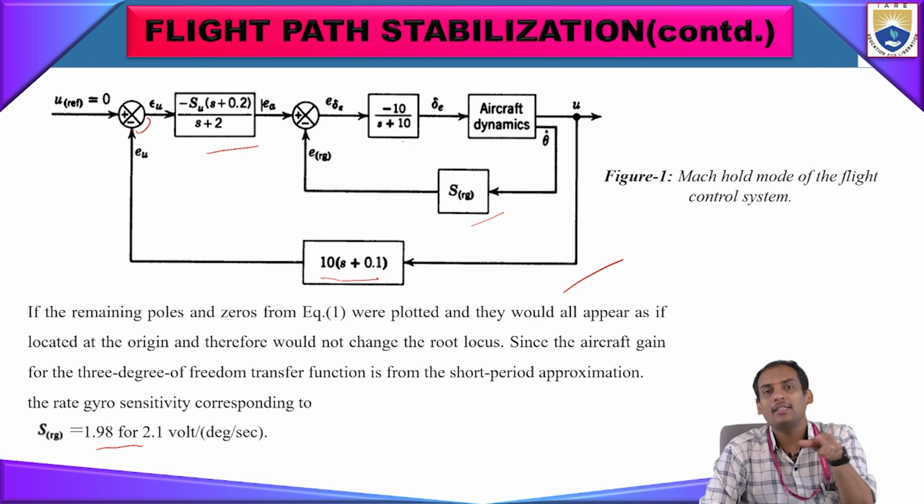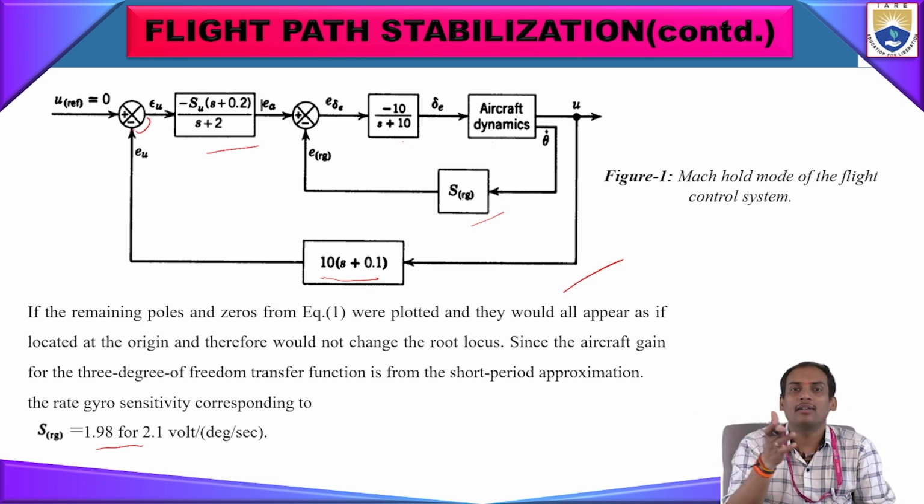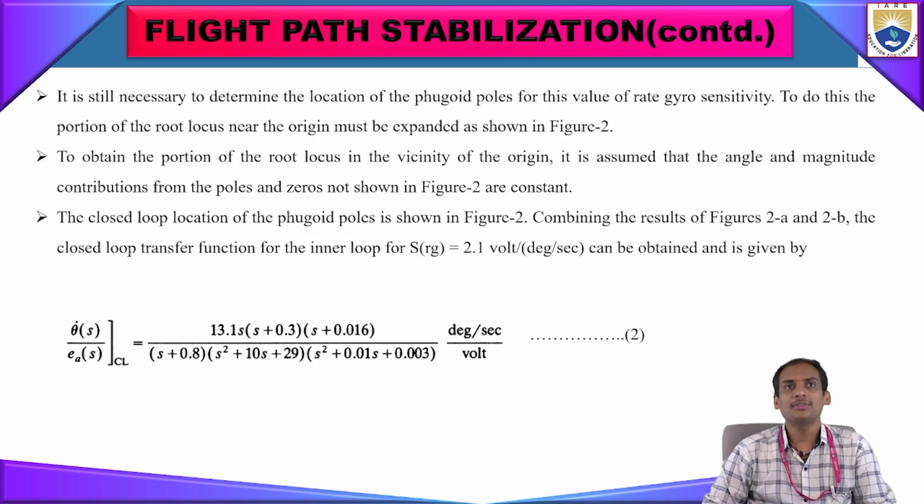With respect to that, it will take the feedback from there, and that feedback will be connected to the summing amplifier. From that summing amplifier, the input signal is also varied. So it is still necessary to determine the location of the phugoid poles for this value of rate gyro sensitivity. To do this, the portion of the root locus near the origin must be expanded, that is in figure 2.